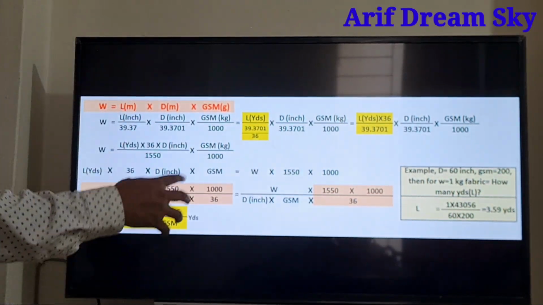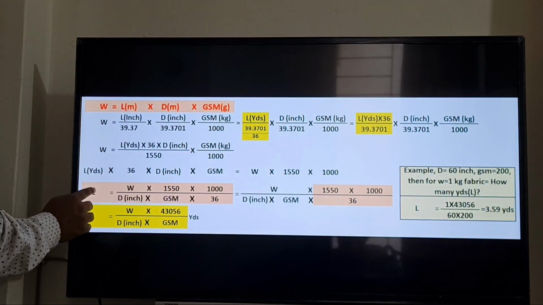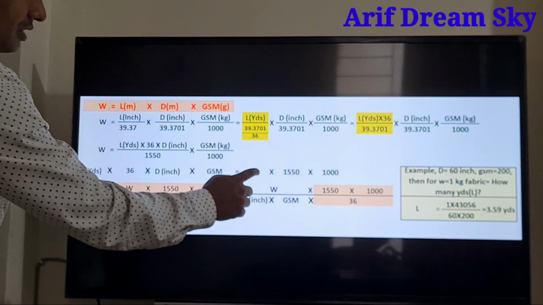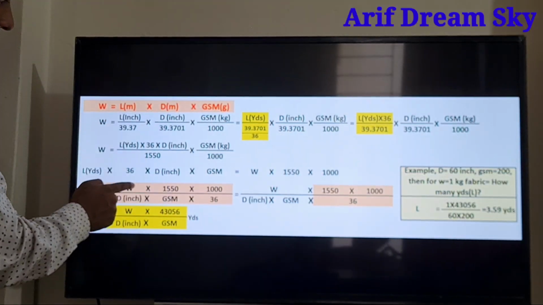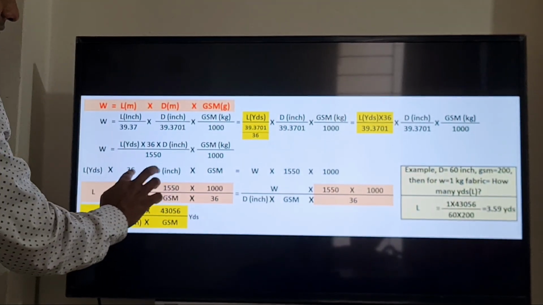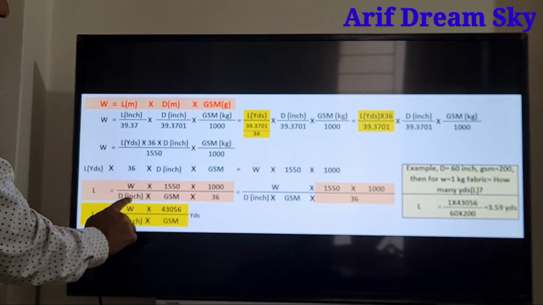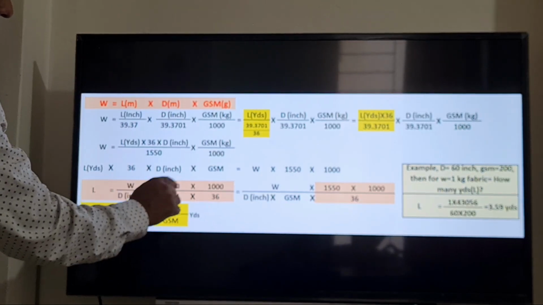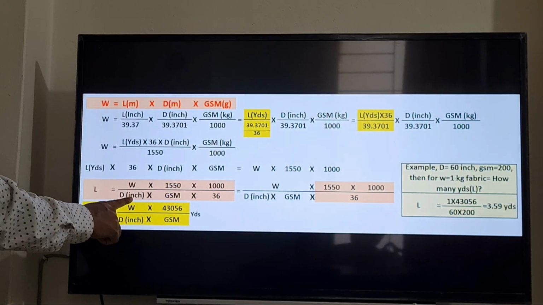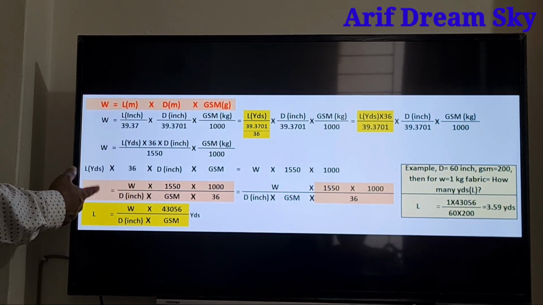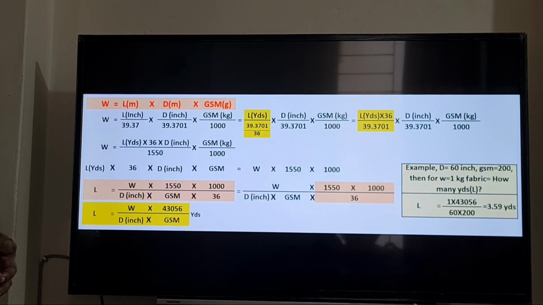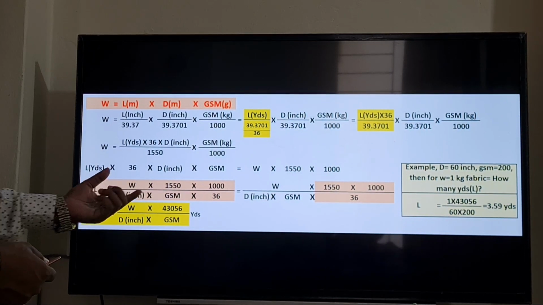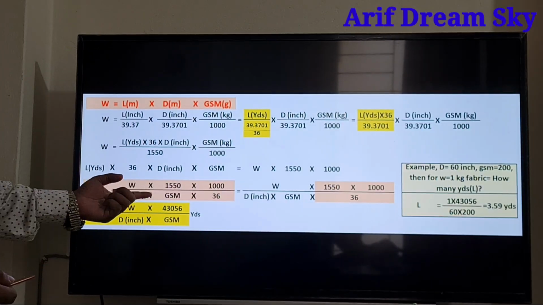So if we want to get the length, length equals these figures above, divided by 36, GSM and dia. So if you want to get the length, how many yards for 1 kg of fabric, we can easily apply these rules.